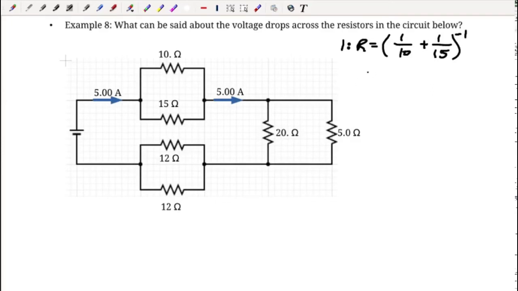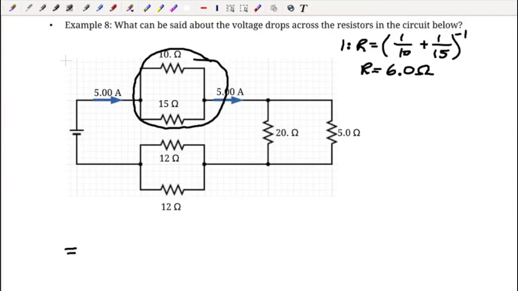And when you type that in, you get an equivalent resistance of 6 ohms. In other words, we could take out these 2 resistors and replace them with one resistor of 6 ohms. So when I draw my equivalent circuit down here, I'm going to replace those 2 resistors with one resistor with 6 ohms.